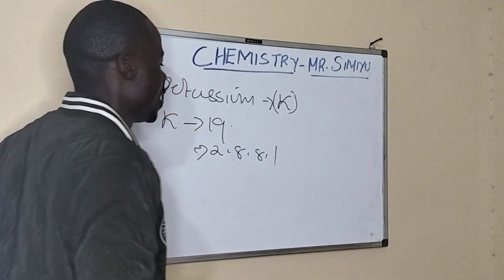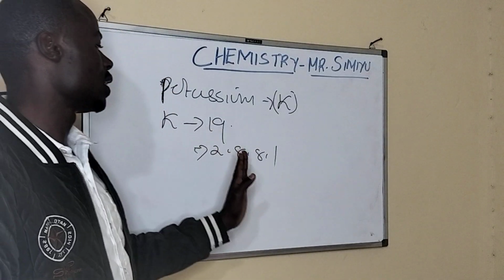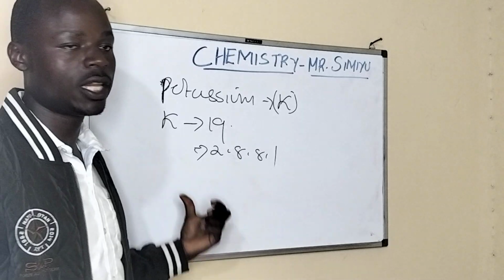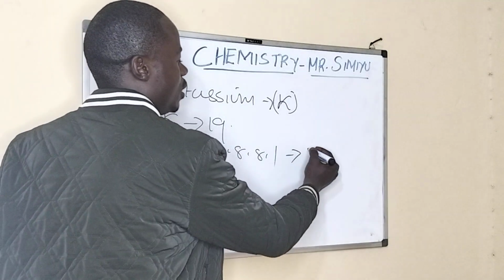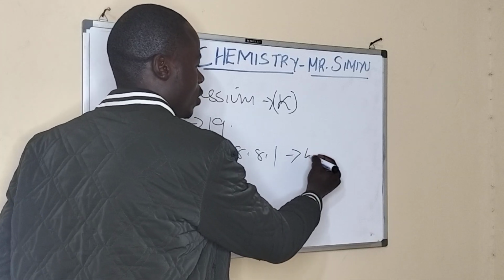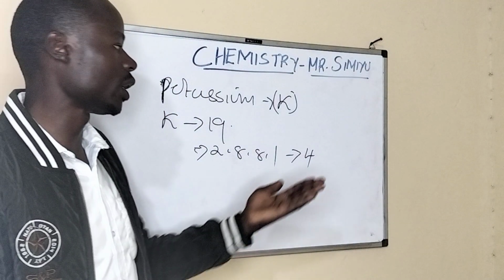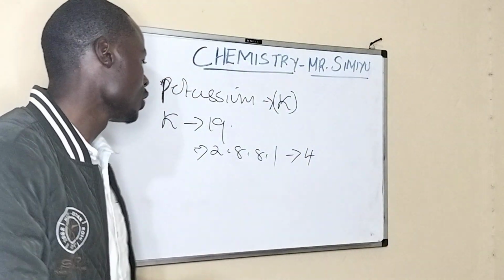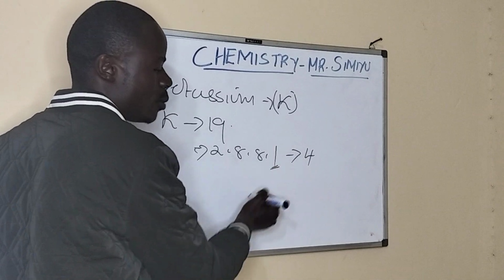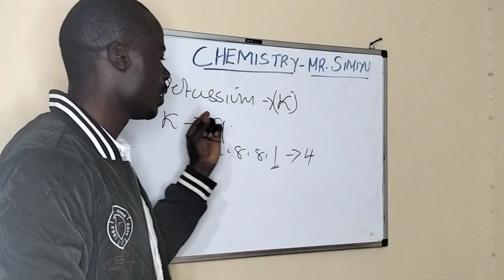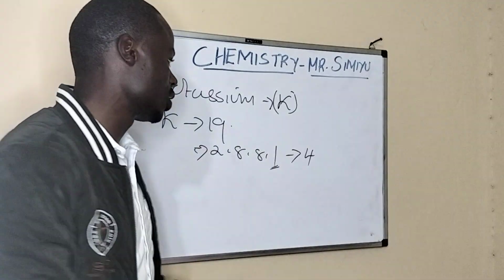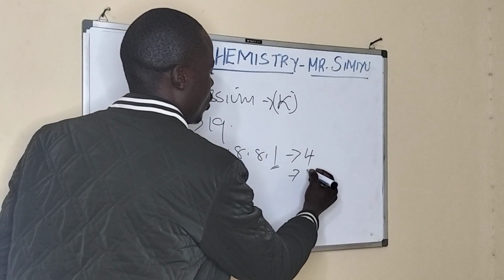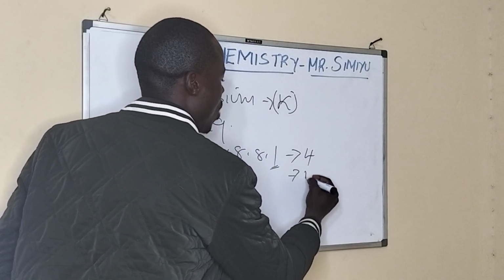So when you count the number of energy levels, 1, 2, 3, 4. So we say that potassium will be found in period 4. You can present the period using numbers or any other way. And for the group, you look at the outermost energy level. How many electrons are there? It is 1 electron. So it's found in group 1, Roman I.